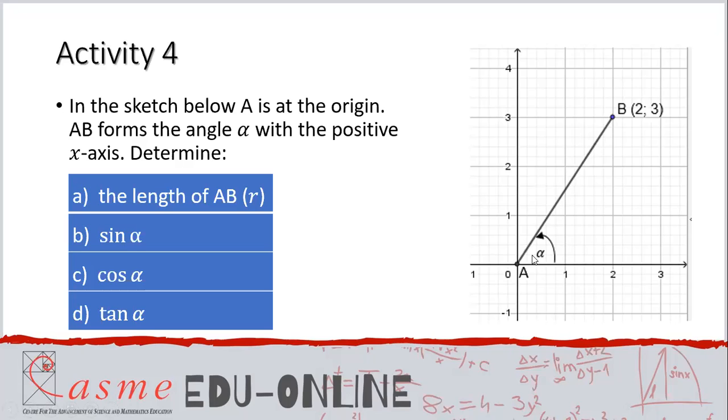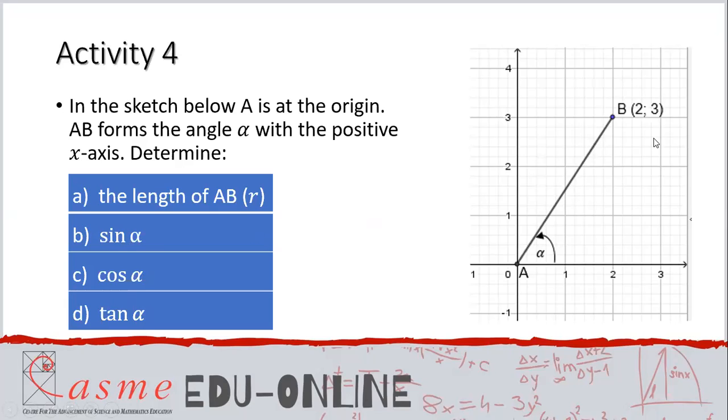But now, do we know our r? We don't know our r. And the very first question says we must find the length of AP, which is our r. And then thereafter, once we know our r, we can always work out the sine of alpha, the cosine of alpha, and the tangent of alpha. How do you get the sine of alpha?